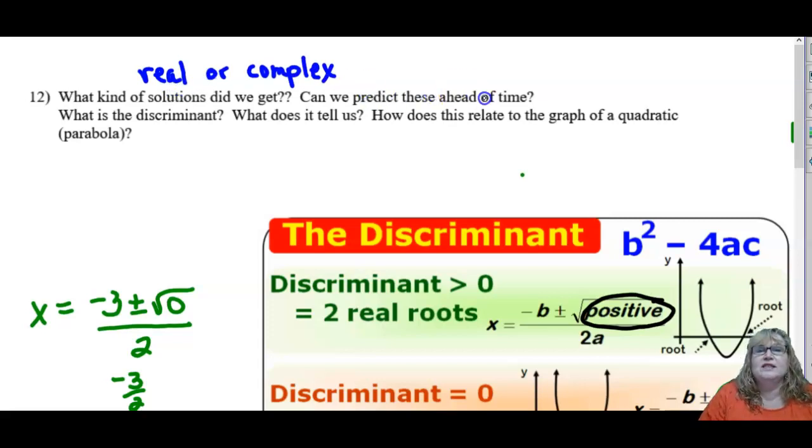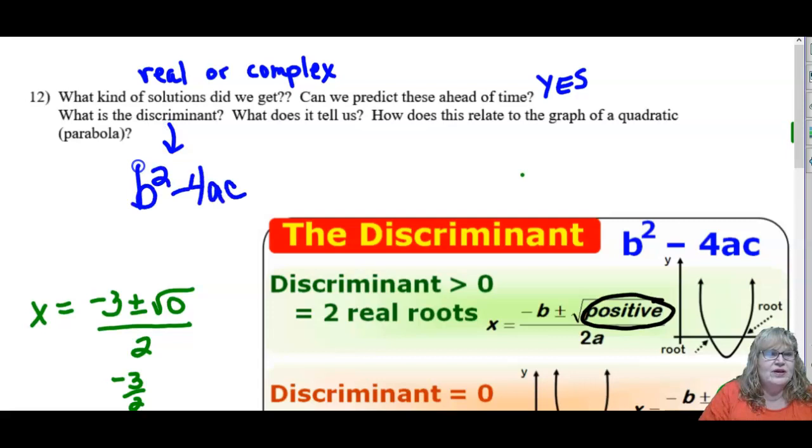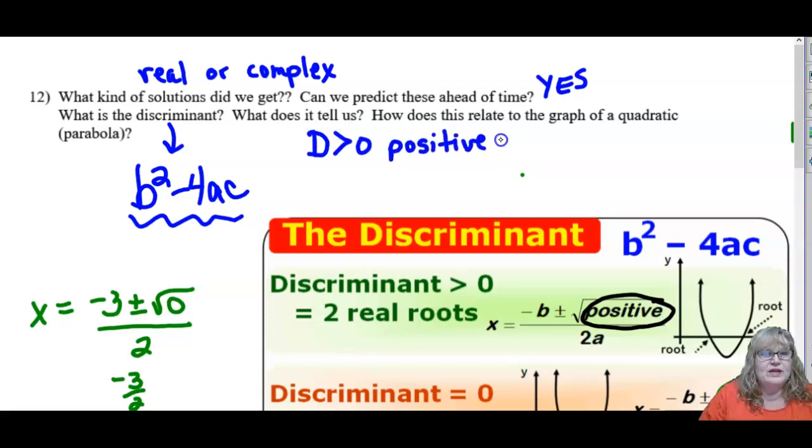And can we predict this ahead of time? Yes, we can use what's called the discriminant. The discriminant is what is under the radical, but it doesn't include the radical, okay? We just use this part. And it tells us if that discriminant is positive, that we will have two real solutions.